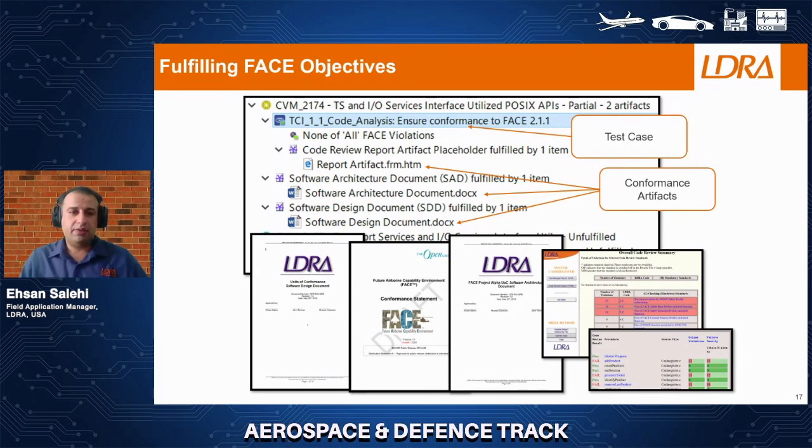Also, if a specific requirement is marked as conditional, the conformance statement also needs to be provided in the last column of the table, explaining what exactly the user has done to satisfy or justify this requirement, whether they wanted to use it or not.